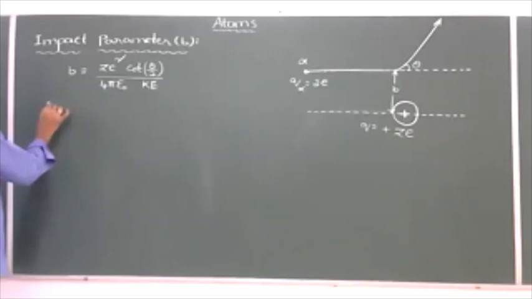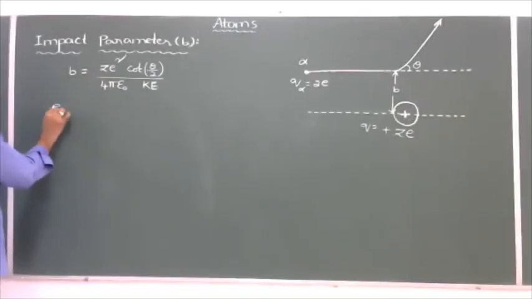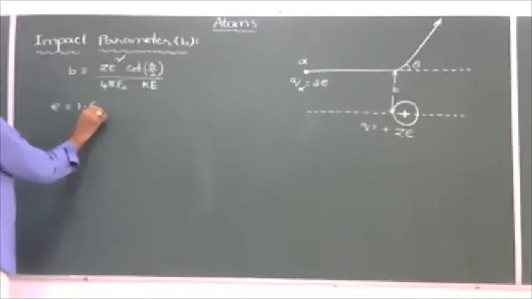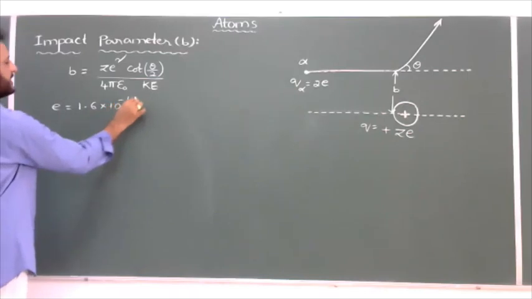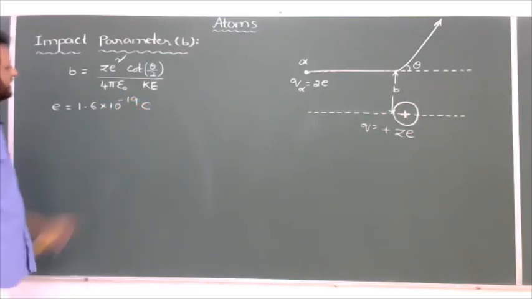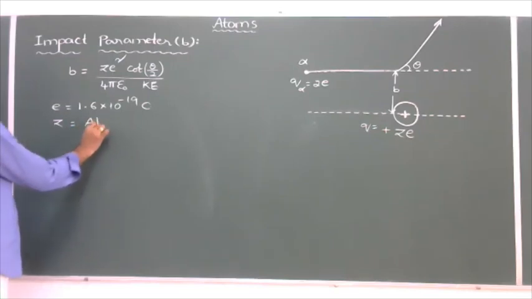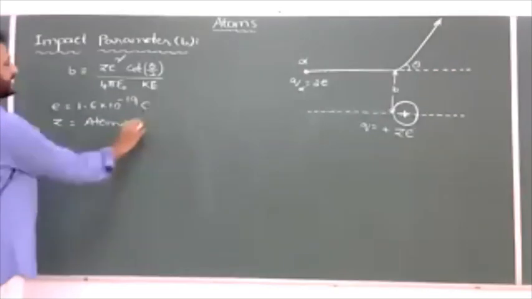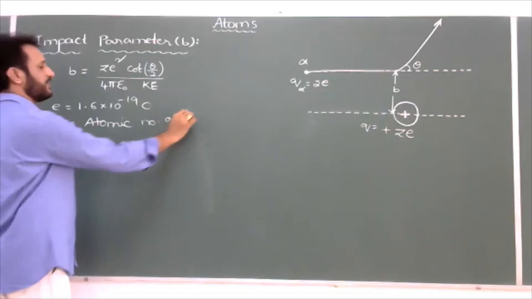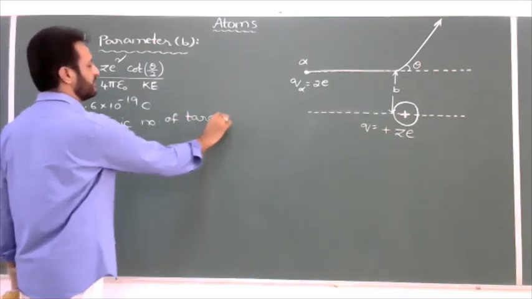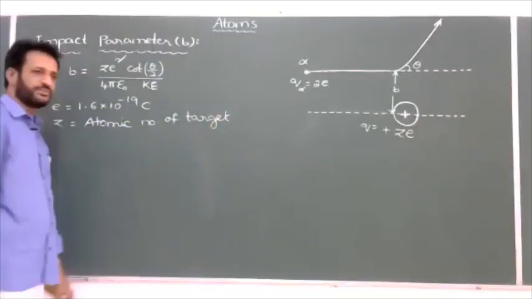E is equal to the charge of the proton. We know the value, 1.6 into 10 to the power of minus 19 coulomb. Z is equal to the atomic number of the target nucleus, like gold or silver or copper or whatever target you selected.